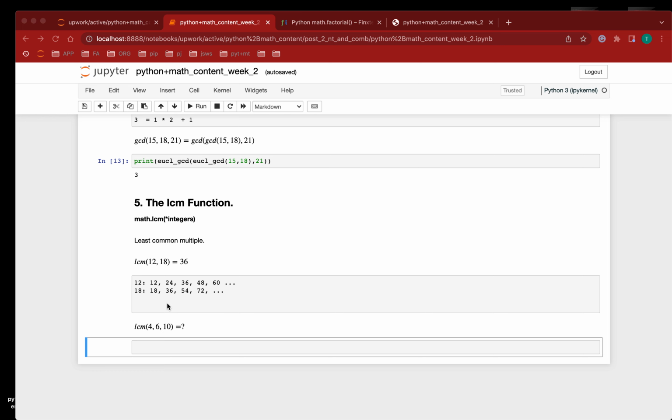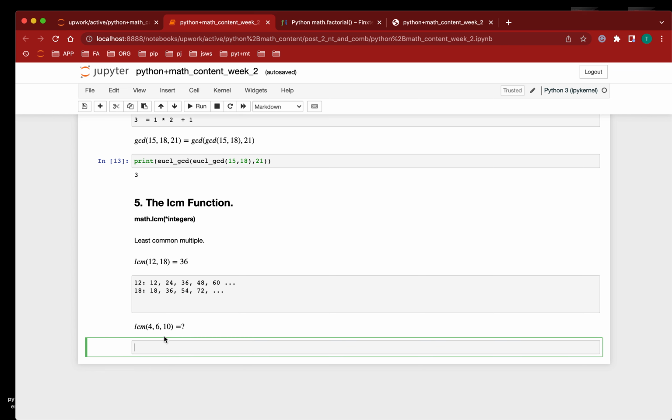Well, if we write out the first few multiples of 12 and 18, you get 12, 24, 36, 48, 60. And for 18, it's 18, 36, 54, 72, etc. And you can see from this that 36 is the smallest multiple that appears in both lists. So the LCM of 12 and 18 is 36.